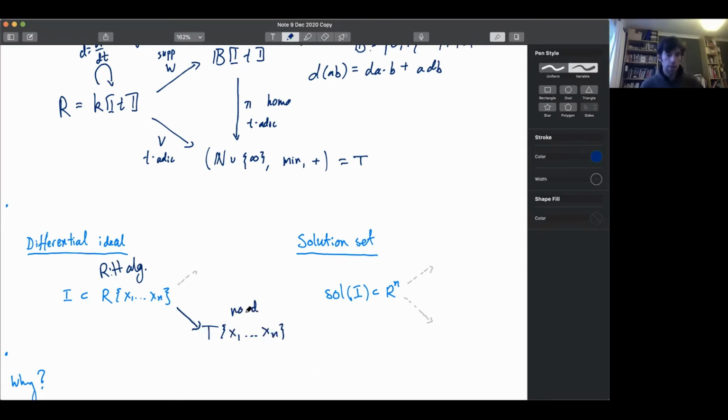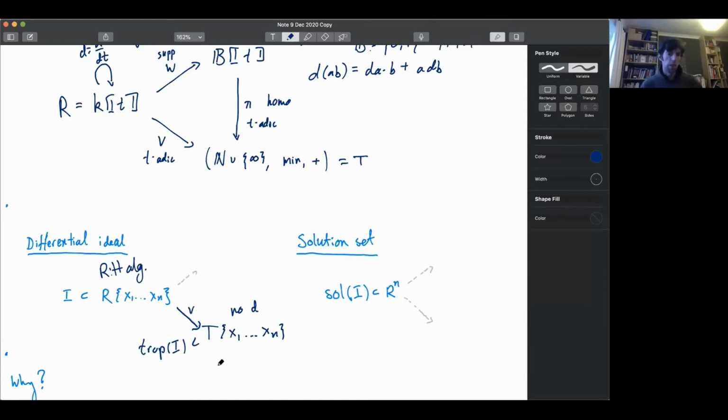So we don't have any differential on this semiring, but that's okay because we don't need to differentiate our equations. We only need to differentiate the functions that we plug in to the equations to check if they're solutions or not. So the tropicalization of my equations is basically the image of I under this coefficient-wise V map.